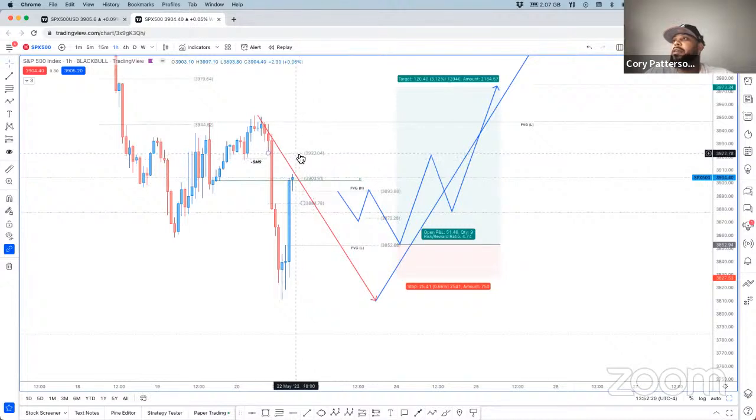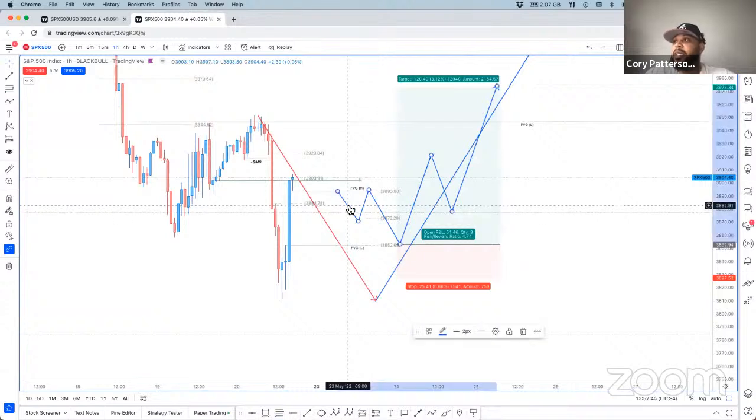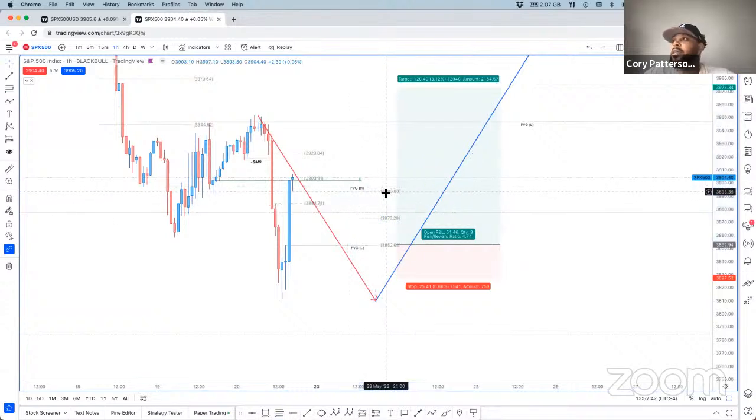So when we go into the market next week, because we're in the middle of this imbalance, we need to pay attention to where it is when it opens and how it responds to this high if it trades up to that. If it comes up to this high and pushes down back into this bullish imbalance and it holds at one of these areas, let's get rid of this.